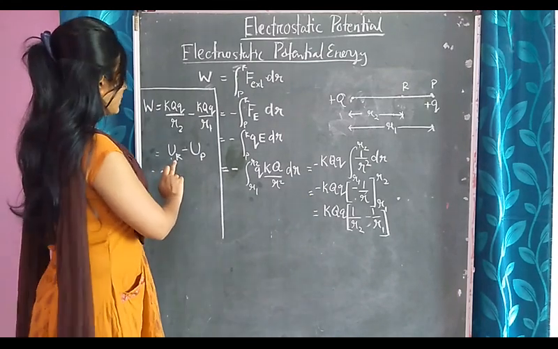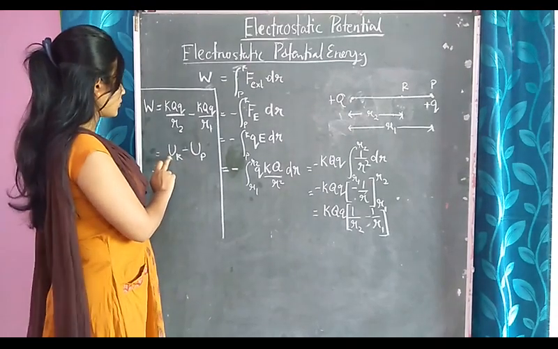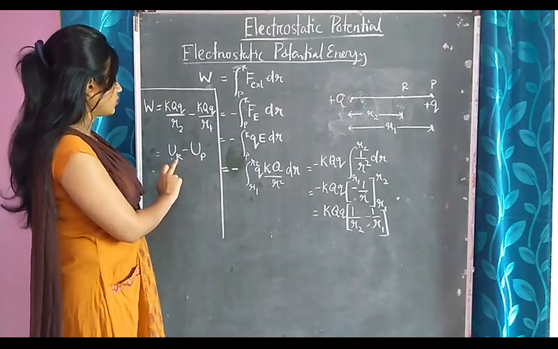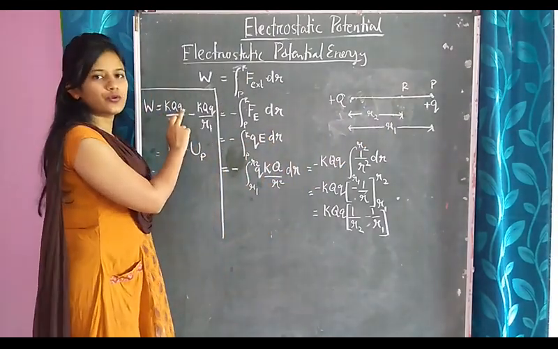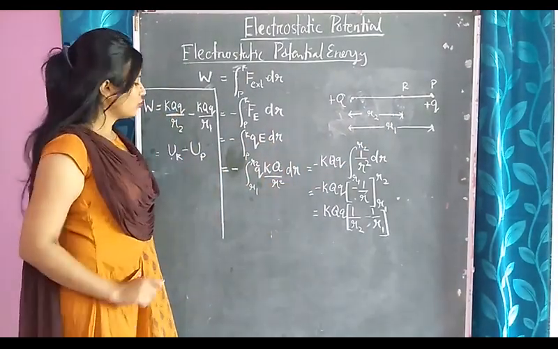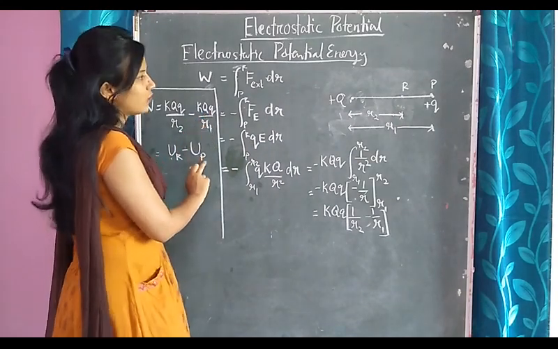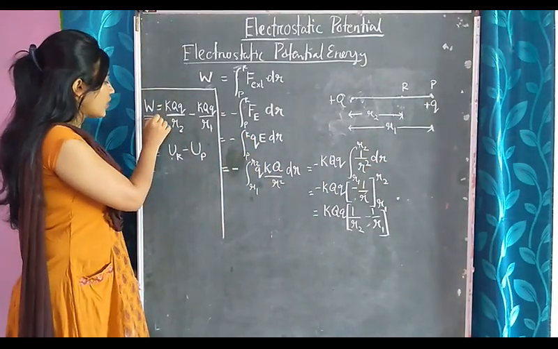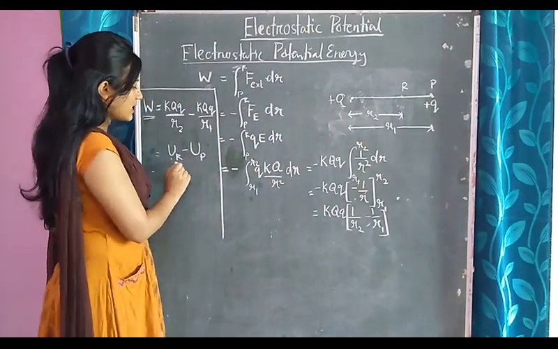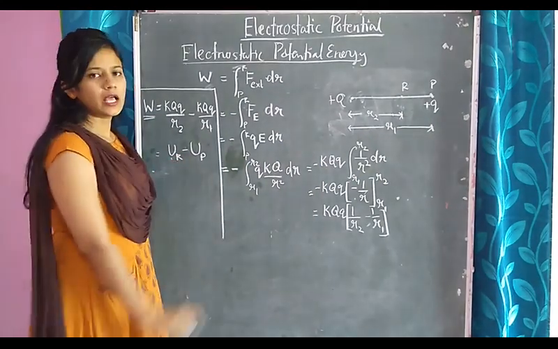This one is for UR. We will define it as the potential energy expression for point R, that is KQQ by R2, and UP is termed as KQQ by R1 for this point. So see, this work done is stored as changing potential energy.